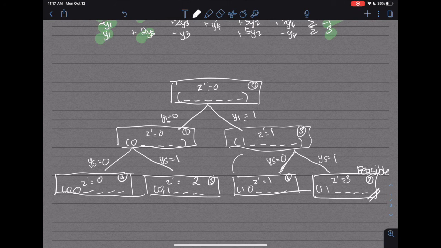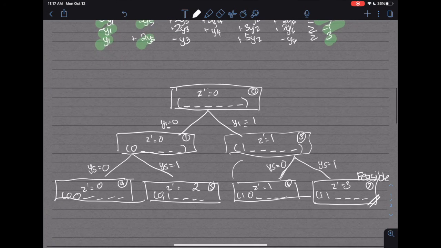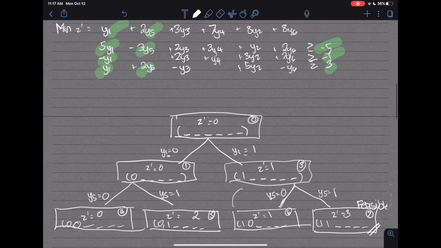Once you've already fathomed because of feasibility, the next step is to look back to all your infeasible nodes and see if we can fathom because of inferiority. What do we mean by inferiority? Inferiority simply means that any other solution after that branch will be inferior or suboptimal than your current fathomed solution.